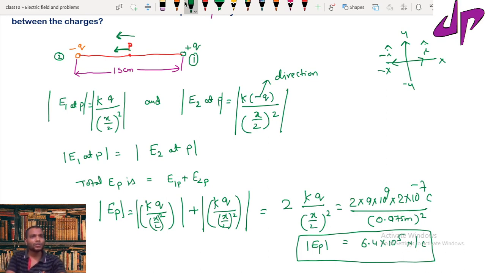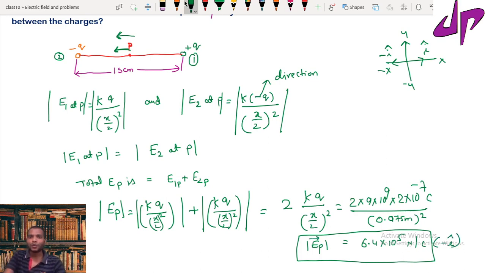And due to the negative charge at P, the electric field is also in the same direction, and they both are showing towards the negative x-axis. So I can say the direction of the electric field is along negative I cap.